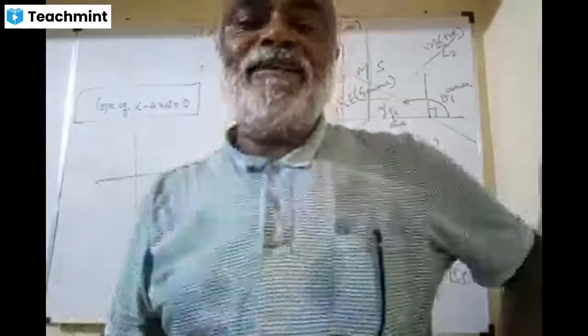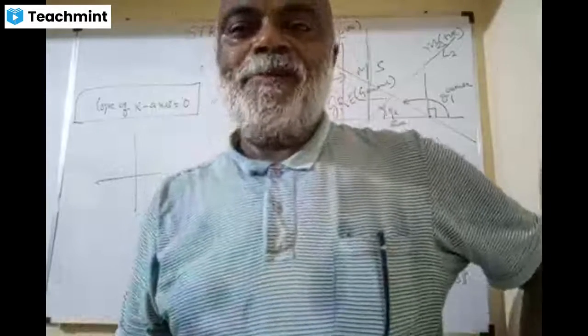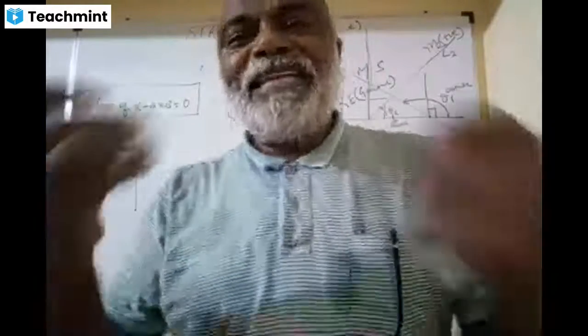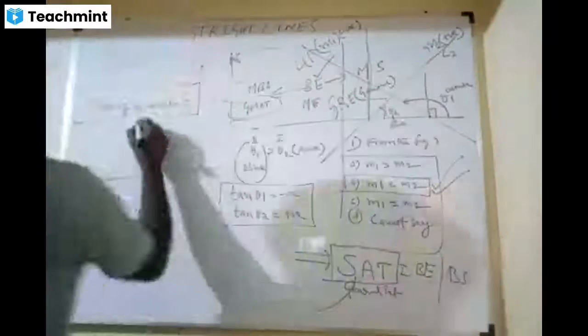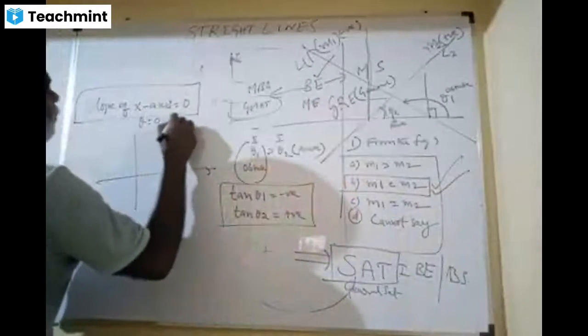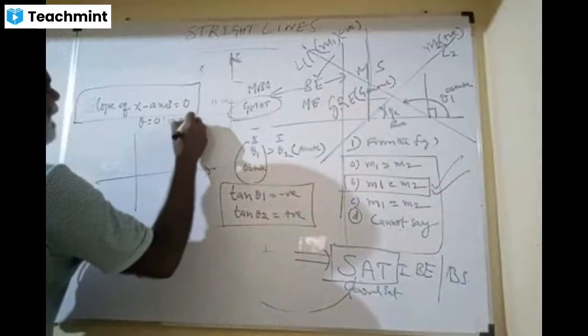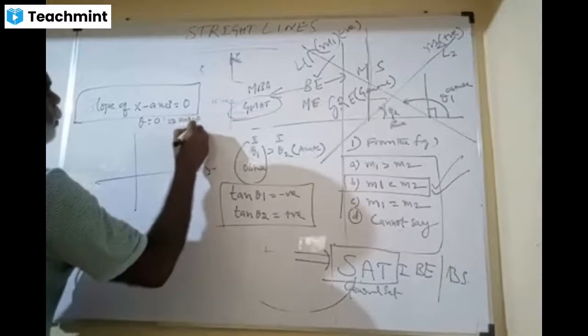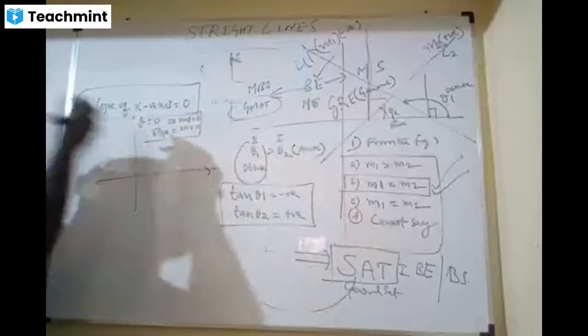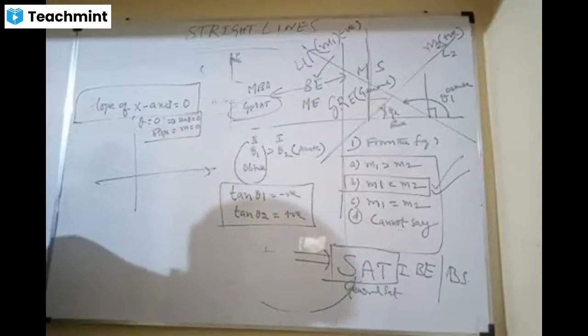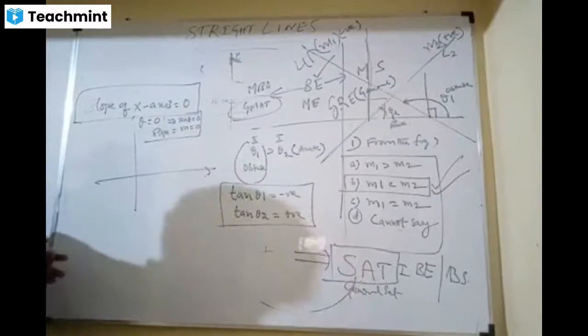Yes or no, Mohan? Yes, sir. Therefore, when theta is 0, slope is tan theta. Theta equal to 0 implies tan theta is 0. That means slope is 0. Follow me, please. Slope of x-axis is 0.